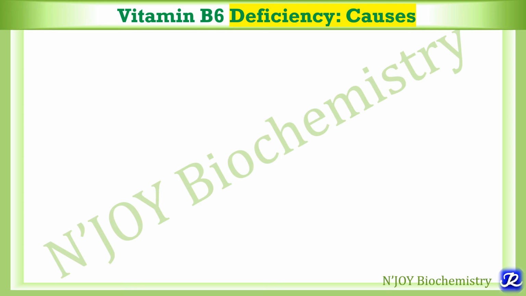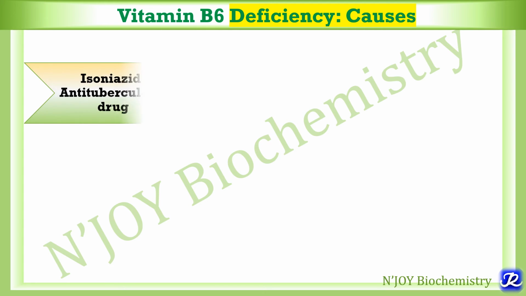What are the various causes of vitamin B6 deficiency? The most important cause is isoniazid, the anti-tuberculosis drug. This drug will inhibit the enzyme pyridoxal kinase, which is required for pyridoxal phosphate synthesis, and that's how it will manifest as a vitamin B6 deficiency. That's why along with isoniazid, pyridoxine is always given to the tuberculosis patient.